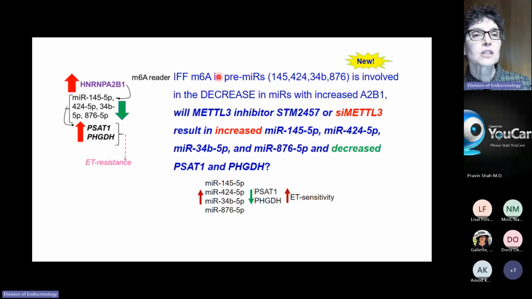So if m6A in the primary or precursor microRNAs is involved in the decrease in these microRNAs with increased A2B1, I asked, will the METTL3 inhibitor STM2457, so it's a chemical compound, or siMETTL3 knocking down METTL3 protein expression result in increased miR-145-5p, 424-5p, 34b-5p, and 876-5p, and therefore decrease PSAT1 and PHGDH?